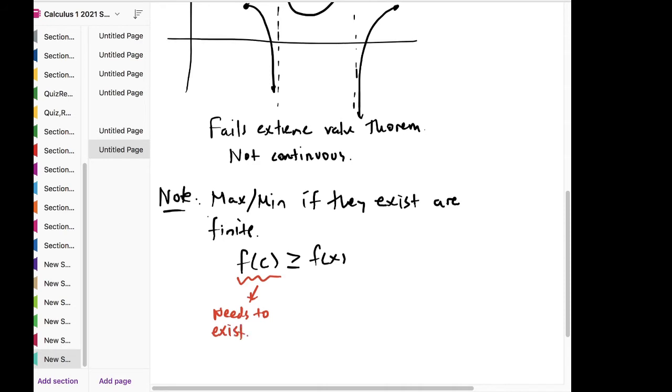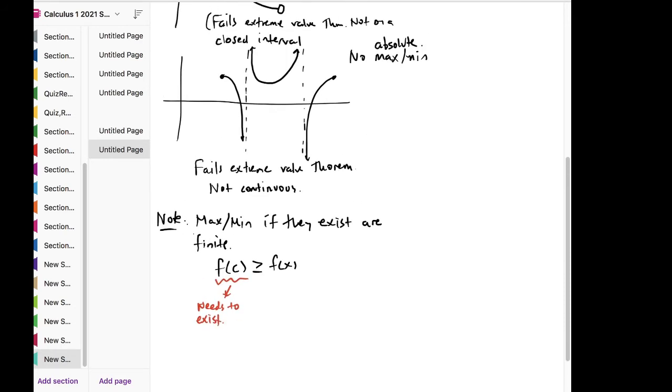So if it's infinite, that's not a real number, so it would not exist. Okay, questions?